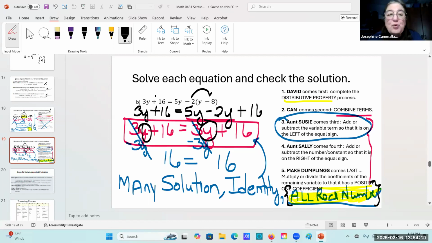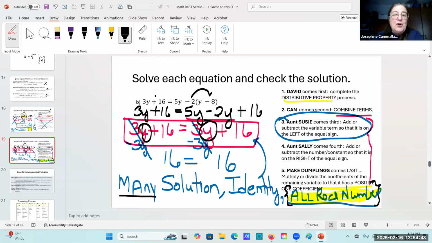If I said y was 1, I'm going to have 3 times 1 is 3, plus 16 is 19. And then I'm going to do 3 times 1, which is 3 on the right side, plus 16. I'm still getting the same answer, 19. So the value of y is infinite. So another way of saying many is infinite. Okay.